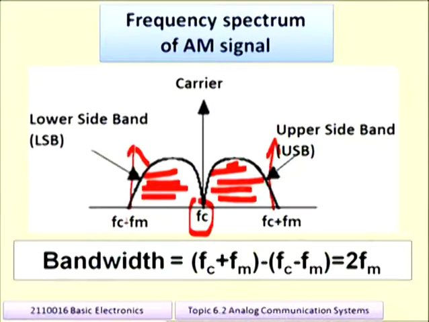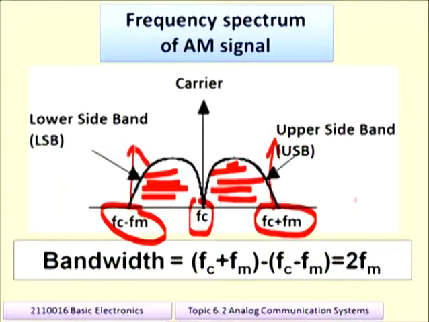And if you find the bandwidth of the signal here, the bandwidth is nothing but the difference between fc plus fm and fc minus fm. If you do the subtraction, (fc plus fm) minus (fc minus fm), you get 2 fm. That means the bandwidth required to transmit an amplitude modulated signal is 2 fm.